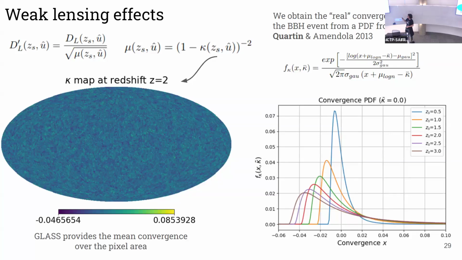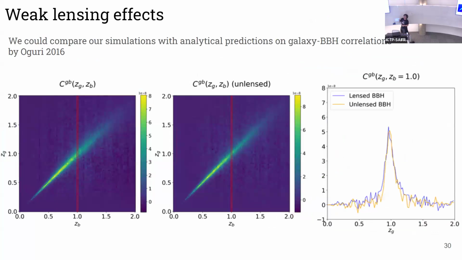So now what we can do is compare what happens when you turn on or turn off this magnification effect. And the result is actually quite inconclusive. We are just probing this redshift 1 for binary black holes, and we compare lensing on and off, and this is the difference.